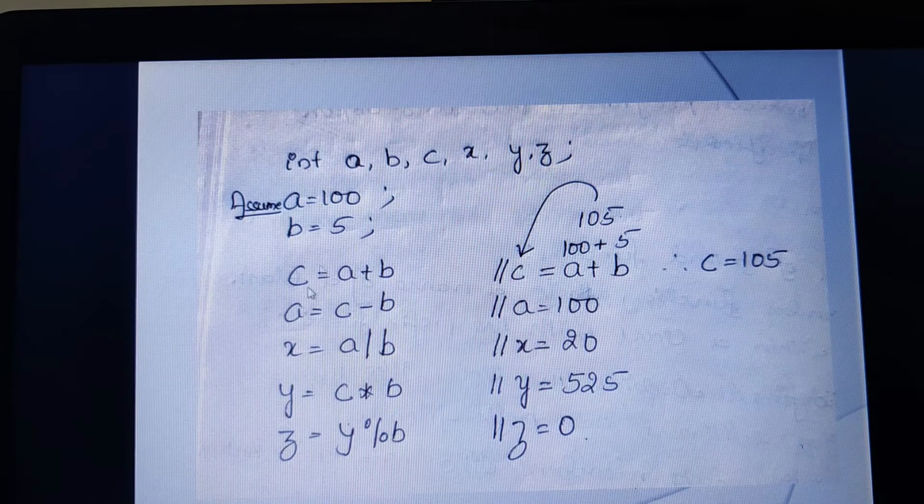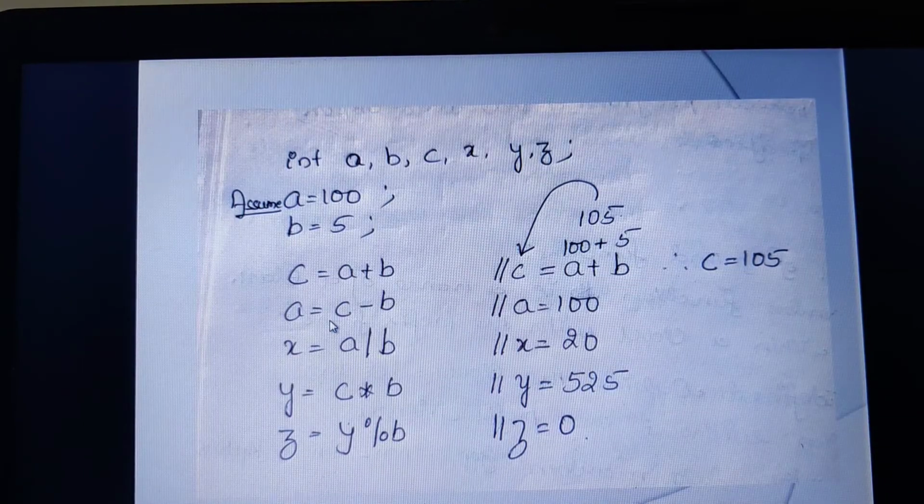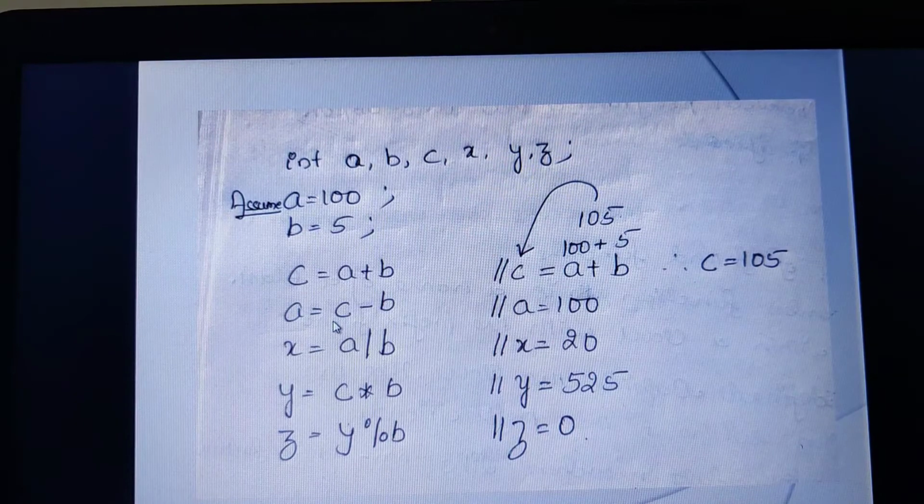A's value was actually 100, but after calculation, if it is 100 minus 8, the new value A would be getting that, because nowhere have we mentioned it as a constant. That's the difference between a variable and a constant. A variable's value could be changed during execution time, but a constant cannot change its value during execution time.